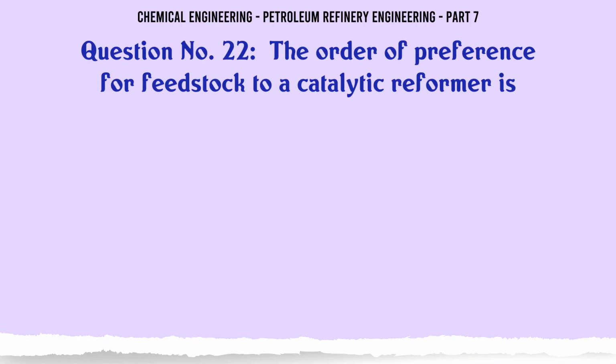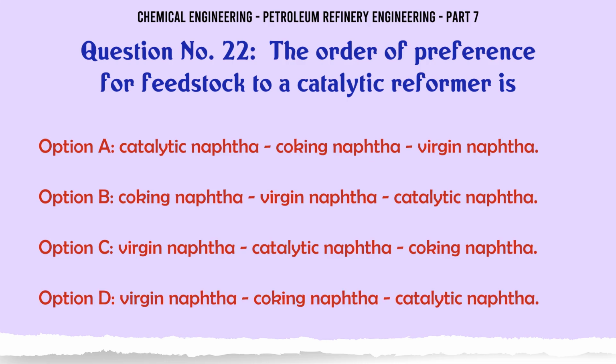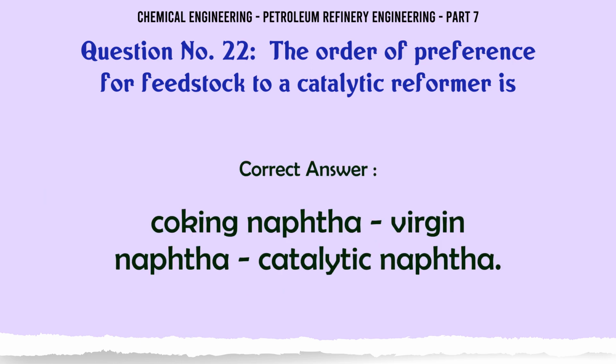The order of preference for feedstock to a catalytic reformer is: A. catalytic naphtha, coking naphtha, virgin naphtha, B. coking naphtha, virgin naphtha, catalytic naphtha, C. virgin naphtha, catalytic naphtha, coking naphtha, D. virgin naphtha, coking naphtha, catalytic naphtha. The correct answer is coking naphtha, virgin naphtha, catalytic naphtha.